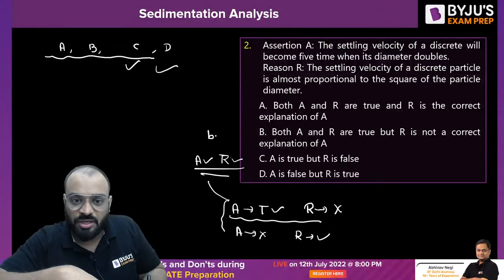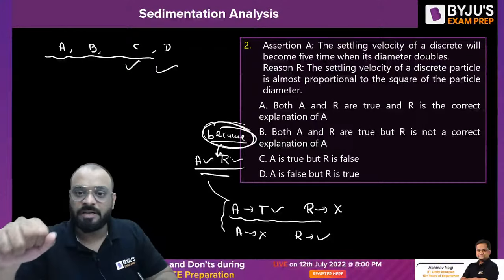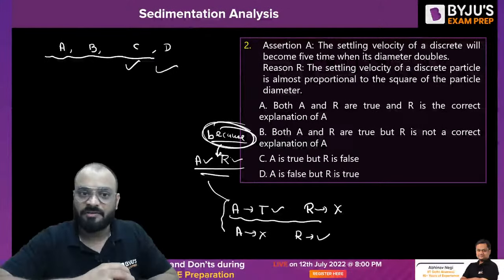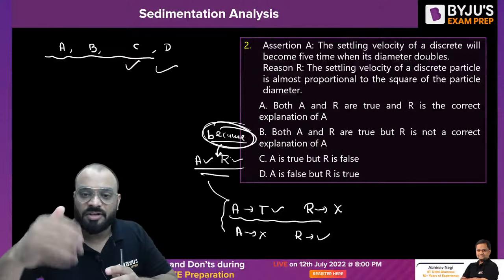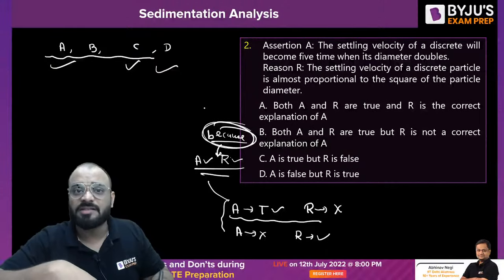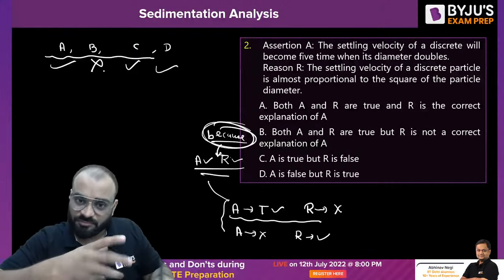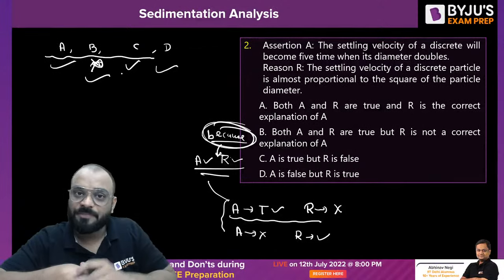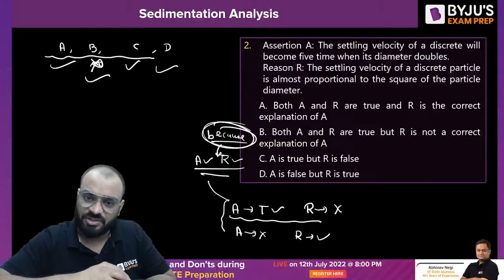Insert it between these 2 statements and read them completely as a single paragraph. If you feel yes, it is the correct reason for the assertion, then the answer will be A. If it is not the correct reason for the assertion, then it is B. Understood? So this should be the approach you follow in assertion and reason questions.